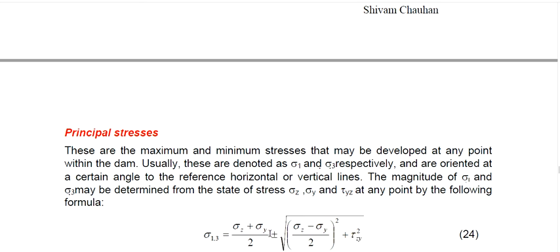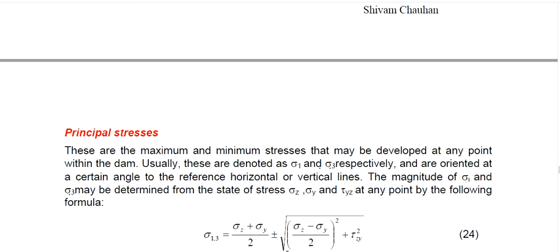If you put the plus sign here, you will get the maximum principal stress, and the value is sigma 1.